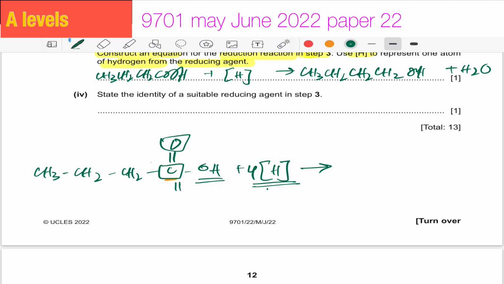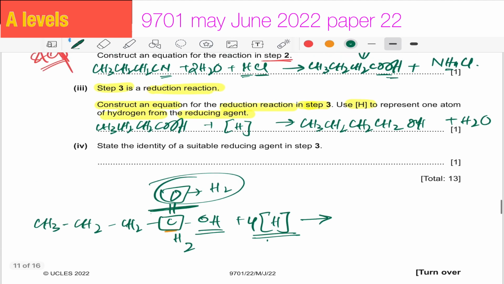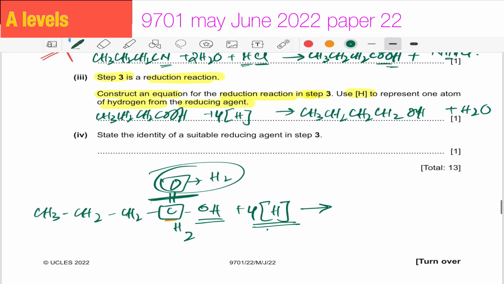So this will gain 2 hydrogens, it becomes CH2, and this will gain 2 hydrogens. This bond will break and it will gain 2 hydrogens and becomes water. So that means we have 4 hydrogens present, right? Just remember these equations. This would be the best way to do these questions. If you memorize these reactions, it will save your time in the paper as well, right? So memorize all these reactions.